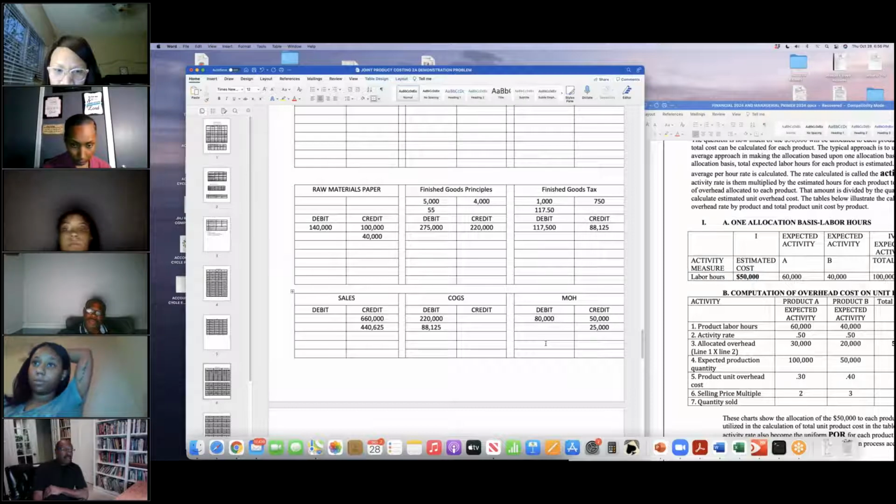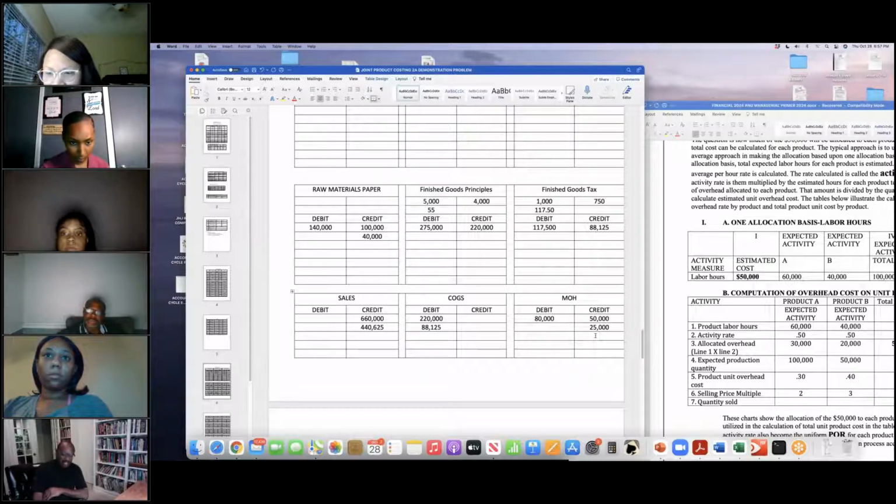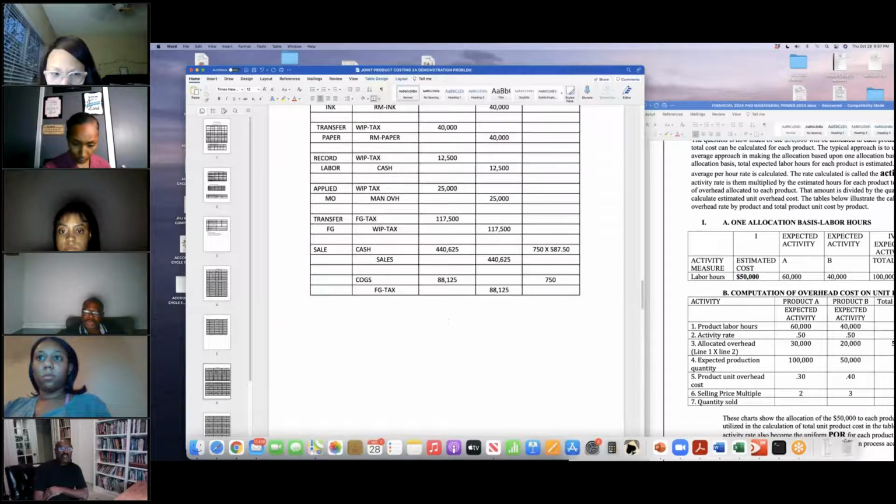So are you going to debit it or credit it? Credit. We're going to credit it for 5,000 and put that 5,000 in cost of goods sold. So let's make that entry right quick.